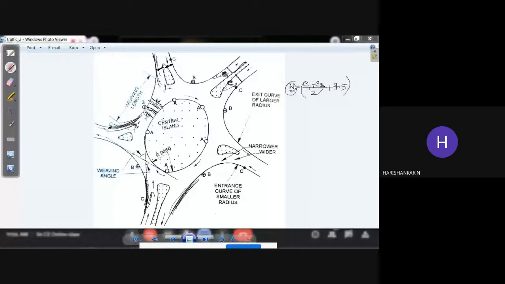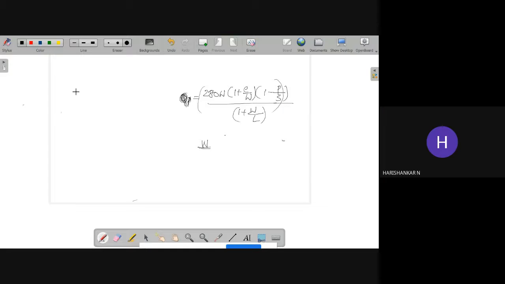This 3.5 you may be remembering: it is the width of an individual lane of a highway, which as per the IRC recommendation is 3.5 meters. You studied that in the first module. Practically the width of weaving is some 6 to 18 meters, and this width of weaving is capital W. So we are again moving on to the equation.